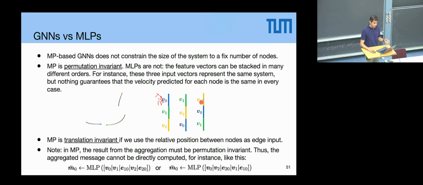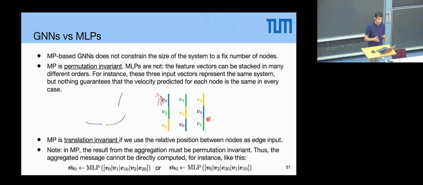And similarly, we could follow the order 2, 0, 1. This is quite arbitrary, and the nodes can interchange positions while the simulation is taking place. So for each of these inputs, the MLP will be producing different outputs, because if the inputs are different, then the outputs also have to be different.